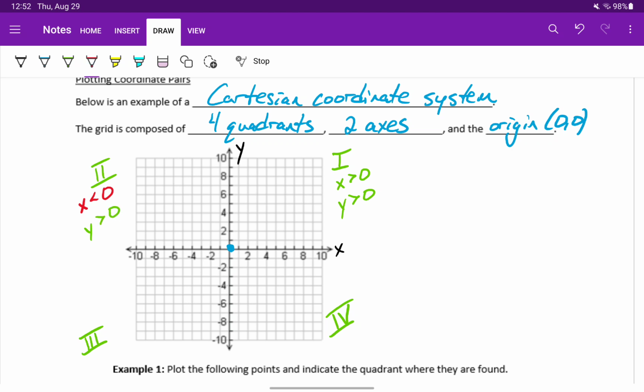In the third quadrant, both our x-coordinate and our y-coordinate would be negative, since we're moving to the left of the origin and below the x-axis. In the fourth quadrant, we would again have our x-coordinate being positive, since we're heading to the right of the origin, and our y-coordinate would be negative, since our point would be somewhere below the x-axis.